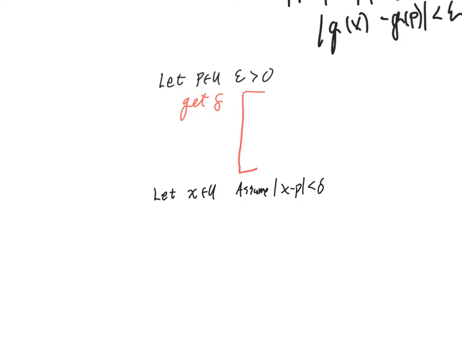And let's see, there are some cases, right? Oh, those shouldn't be U's. Alright, I have to assume that things inside are in U bar. There are some cases, right? I know what U bar is. U bar is U union with the set of all limit points of U. So there are going to be 4 cases.